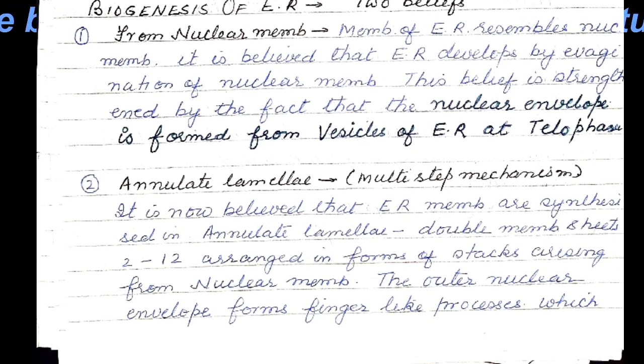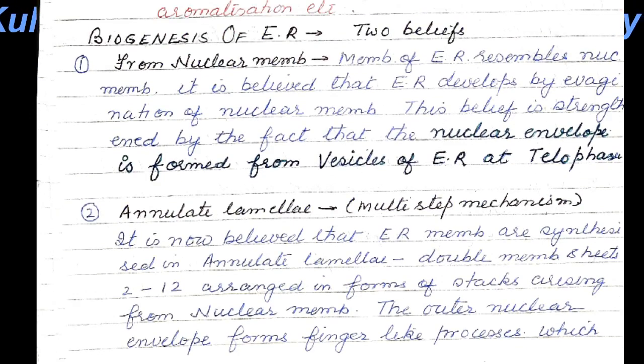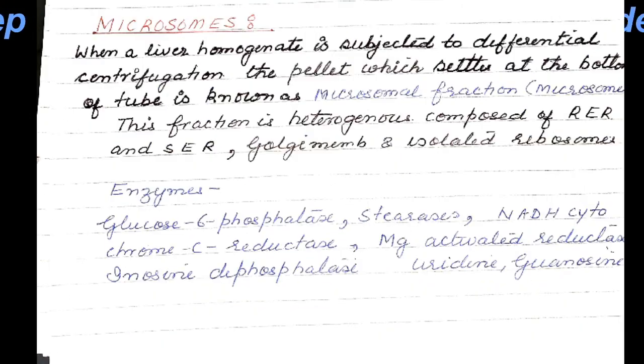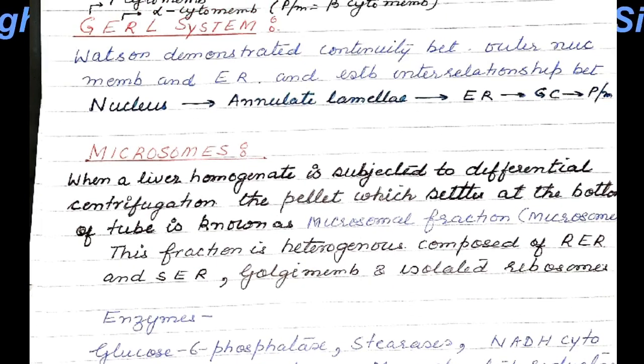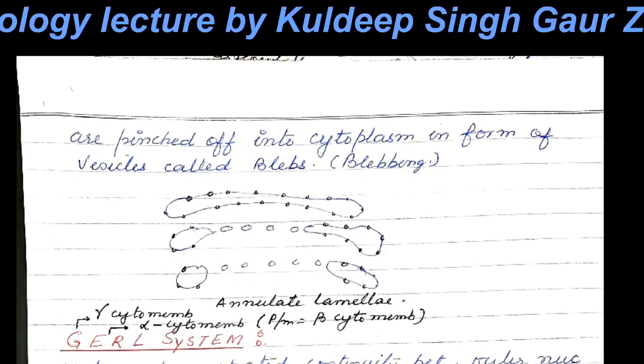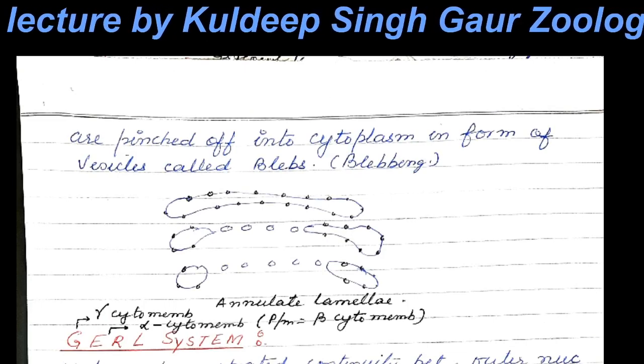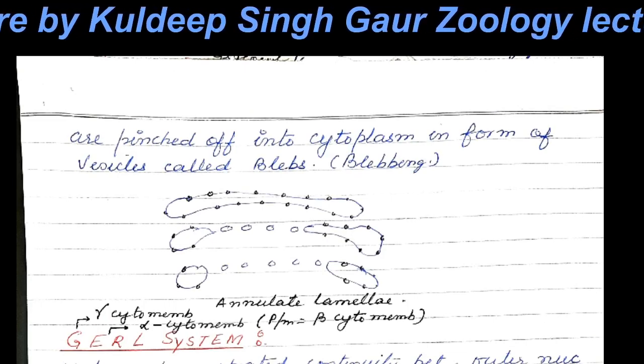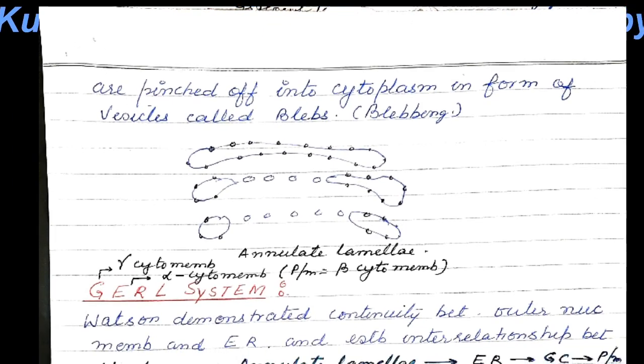The outer nuclear envelope forms finger-like processes which are pinched off into cytoplasm in form of vesicles called blebs, and this phenomenon is called blebbing, and it is through blebbing of annulate lamellae that the biogenesis of endoplasmic reticulum happens.